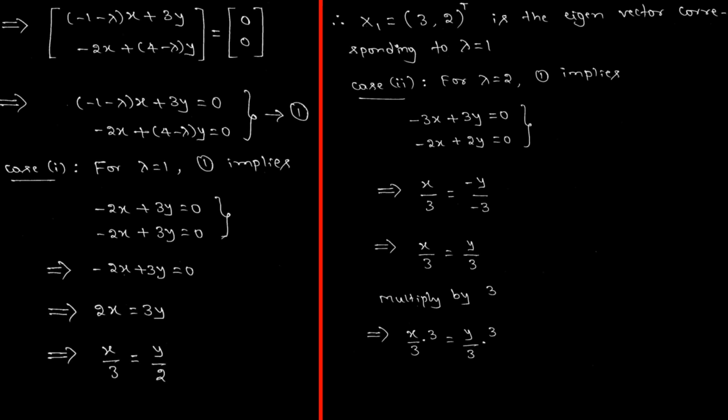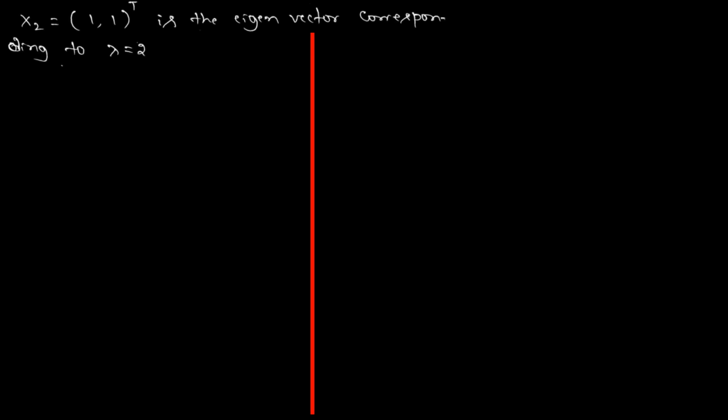We have multiplied both sides by 3 to bring it into the simple form. 3 gets cancelled. x by 1 is equal to y by 1 you get. Therefore, x2 is equal to (1, 1) transpose is the eigenvector corresponding to lambda is equal to 2.